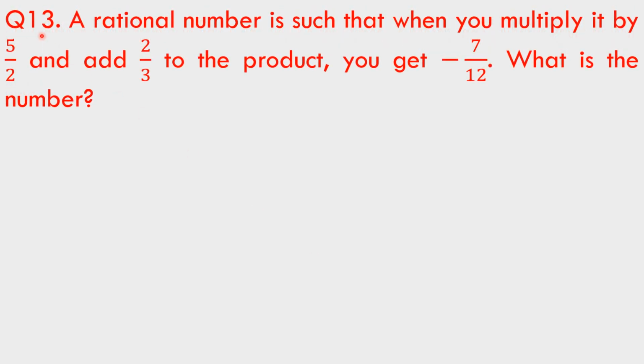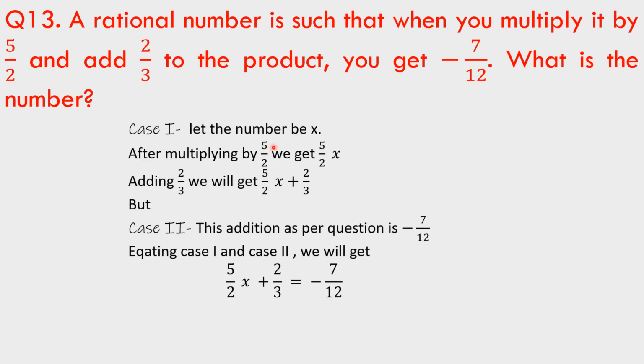Question number 13. A rational number is such that when you multiply it by 5 by 2 and add 2 by 3 to the product, you get minus 7 by 12. What is the number? In case 1, let the number be x. So, after multiplying by 5 by 2, we get 5 by 2x.